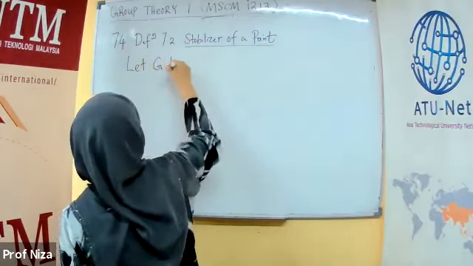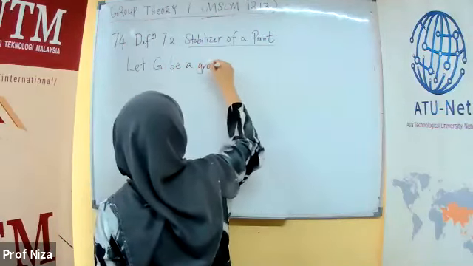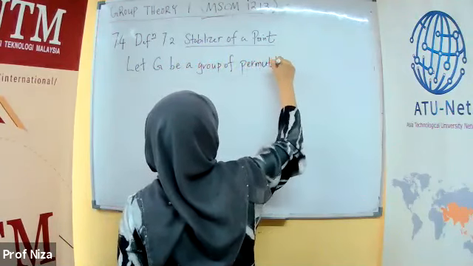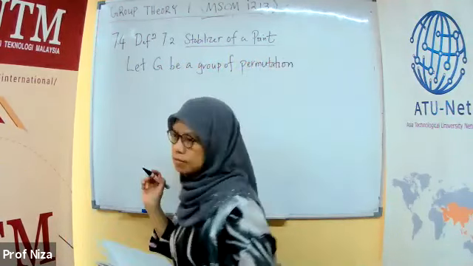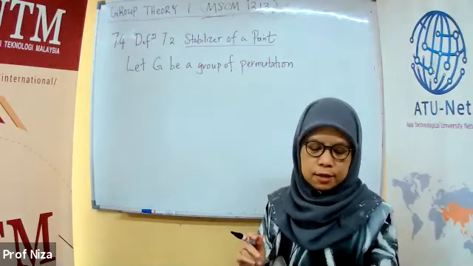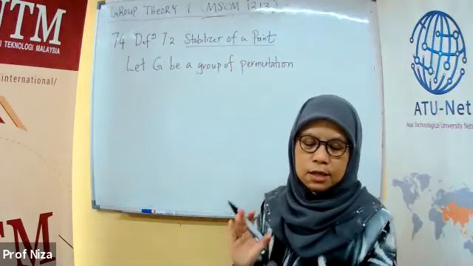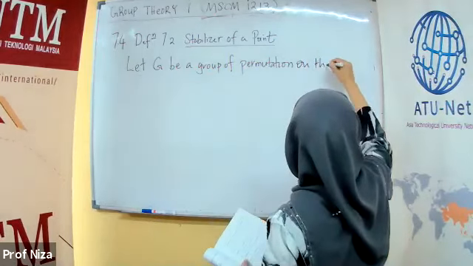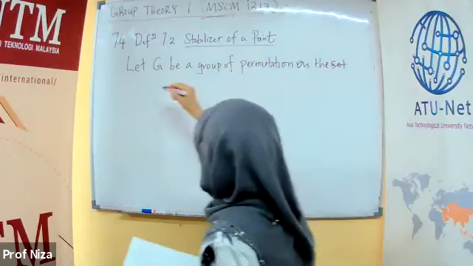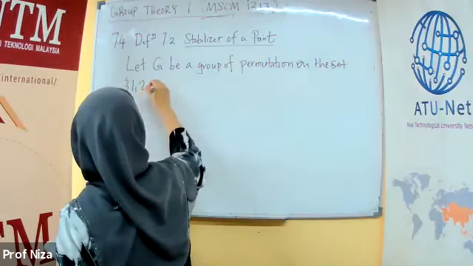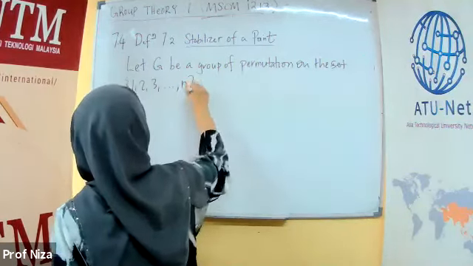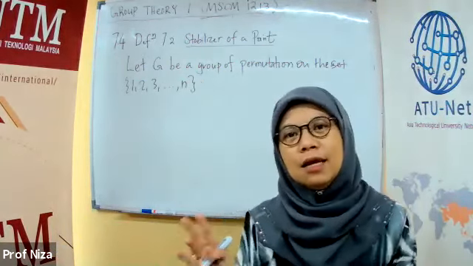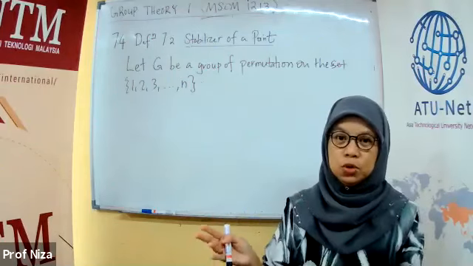Let G be a group of permutations, and this permutation is on the set 1, 2, 3, until n. That is why we use Sn, n from 1, 2, 3, and so on.